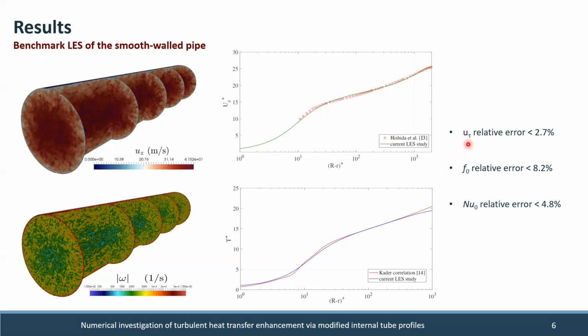Also, the friction velocity is calculated, the friction factor and the Nusselt number are calculated, and they are compared with the experimental correlations and the experimental data that we have, and the relative error for all of them is low enough that we can be sure that our numerical method is accurate enough for predicting the behavior of the convective flow.